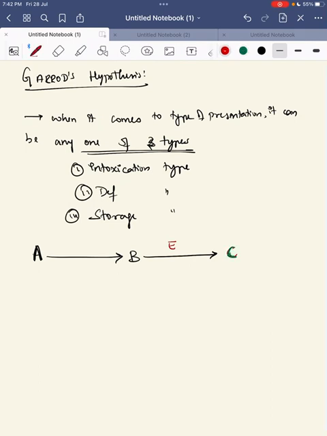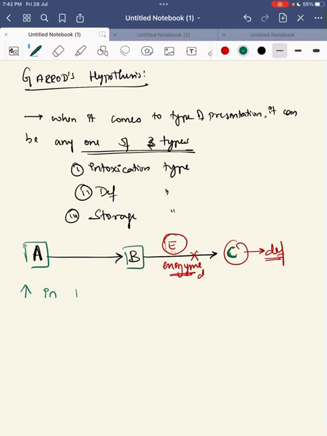When there is an inadequacy or deficiency of the enzyme E, C becomes deficient and will not be formed. In the same way, there will be an increase in substances A and B.